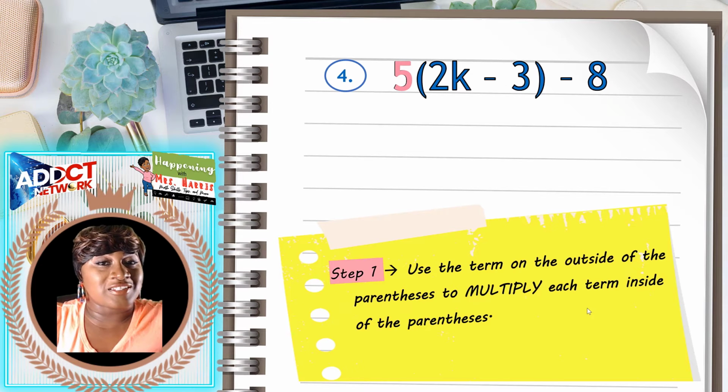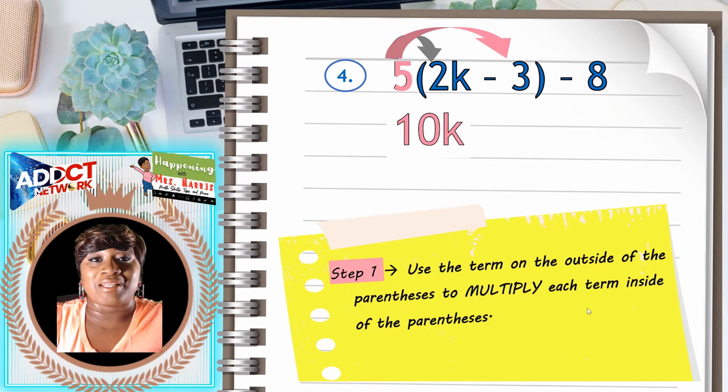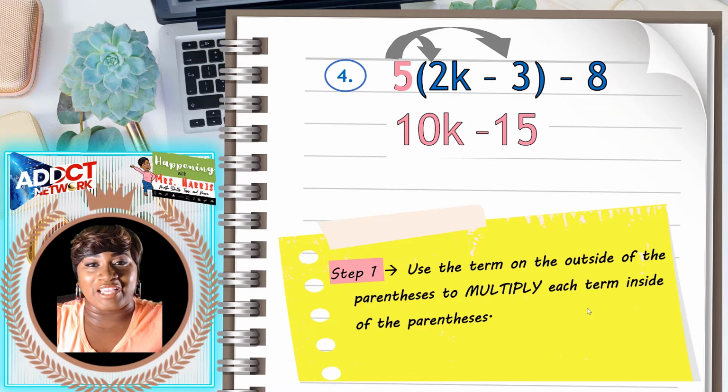And we're only going to distribute just there because when the parentheses closes, that means that's all that we need to multiply. So we'll multiply 5 times 2k. That'll give us 10k. Then we'll multiply 5 times negative 3, which is negative 15. Remember, that minus sign is going to take up on the negative.